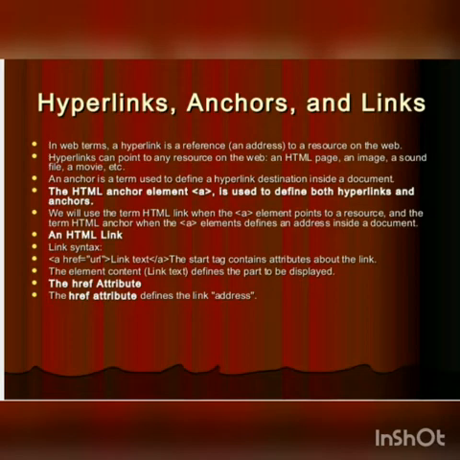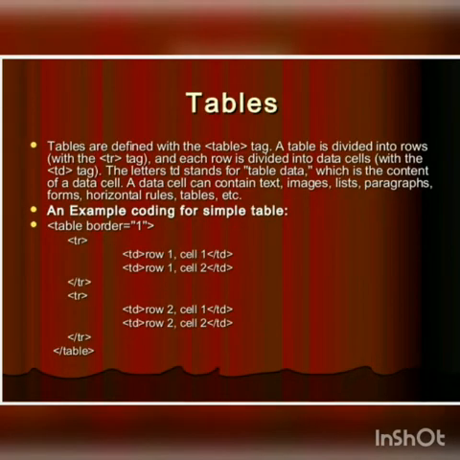The HTML anchor element is used to define both hyperlinks and anchors. We use the term HTML link when the a element points to a resource and the term anchor when the a tag element defines an address inside a document.